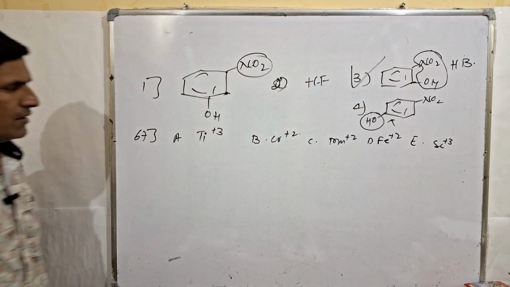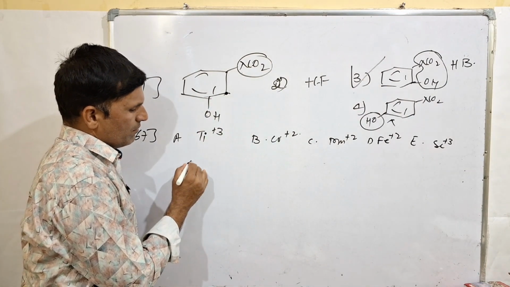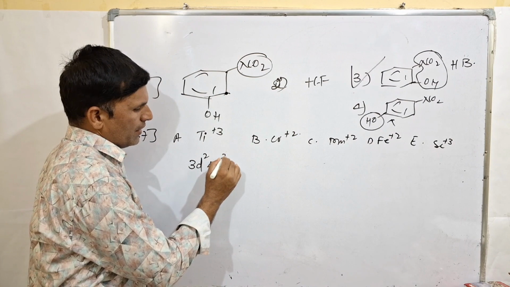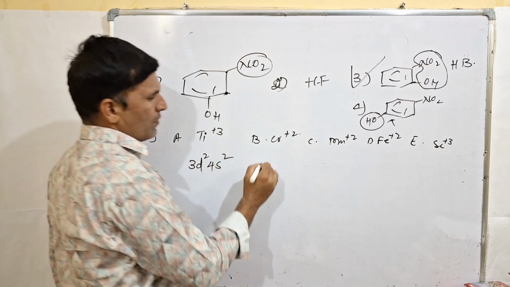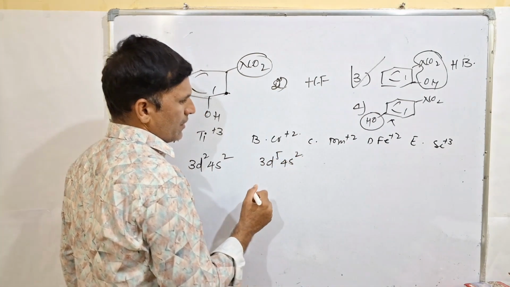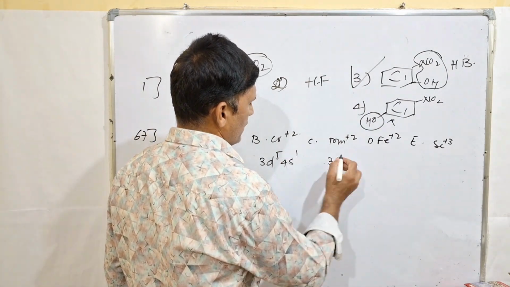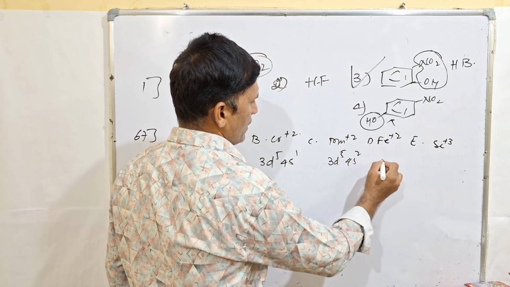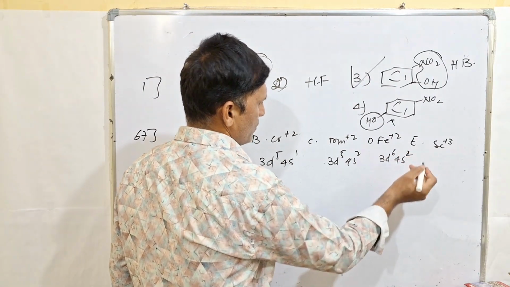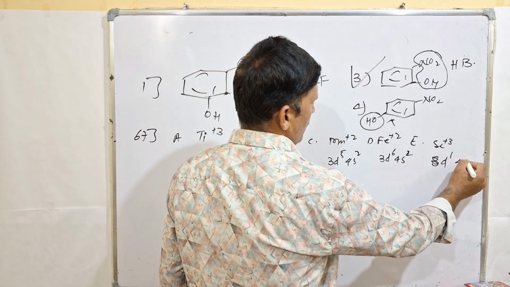Titanium is the second element of the 3d series with atomic number 22, so it will have 3d2 4s2 configuration. Chromium is 3d5 4s1, manganese is 3d5 4s2, iron is 3d6 4s2, and scandium is 3d1 4s2.